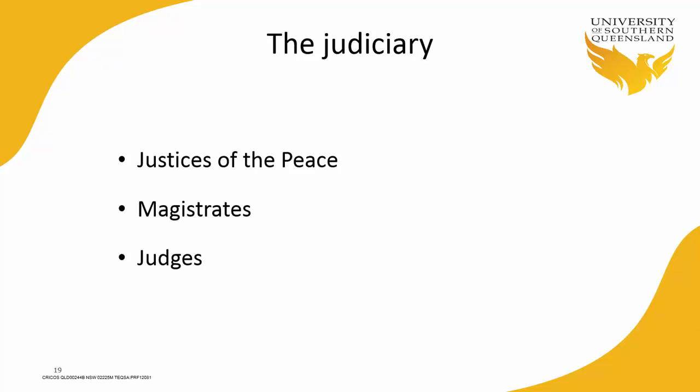Magistrates are the second level of the judiciary. These are basically salaried public servants, and they are selected from academic lawyers or government lawyers, or the solicitors and barristers, or even clerks of court. Then at the top of this hierarchy we find the judges.